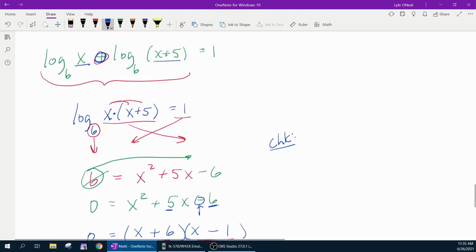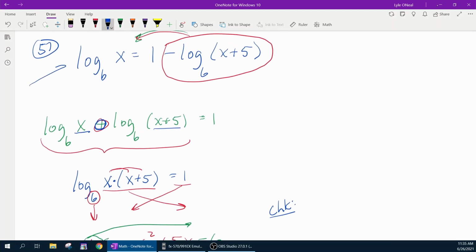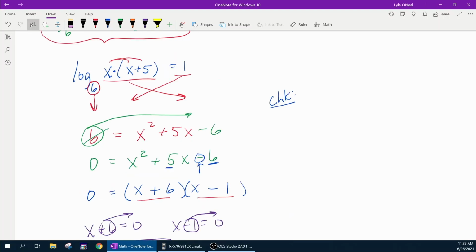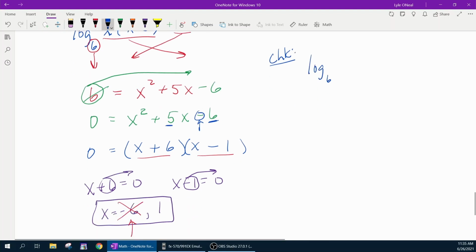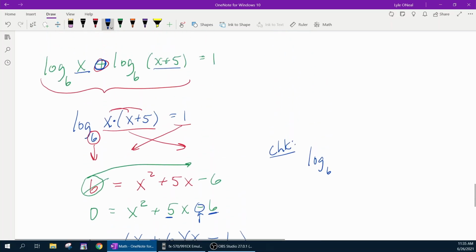And also remember, when you check these answers, you do need to go back to the original equation and replace every x with the answer you're checking. So we're going to start with log base 6 of, we're going to check the negative 6 first.